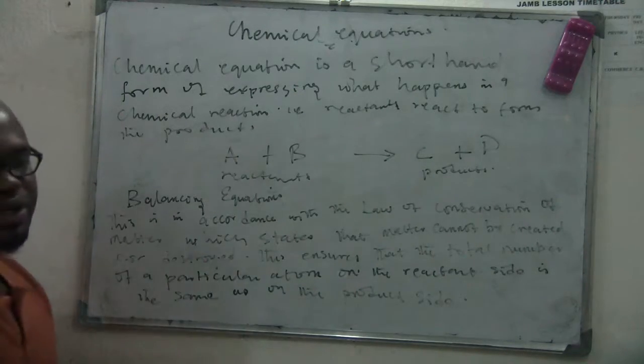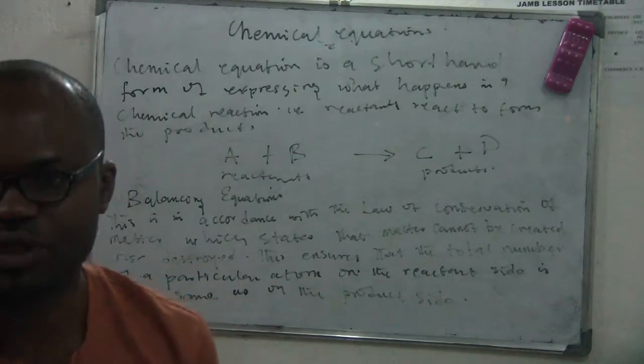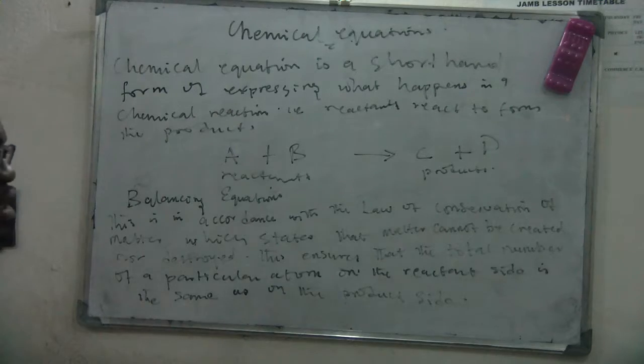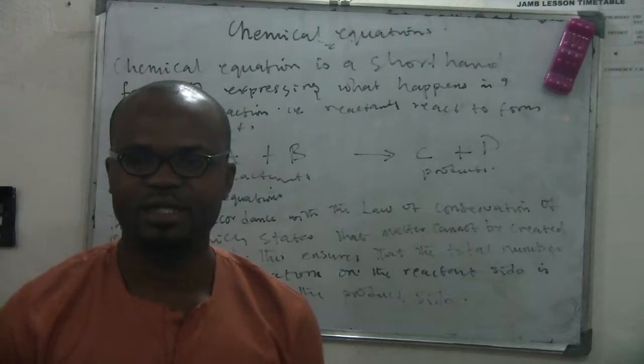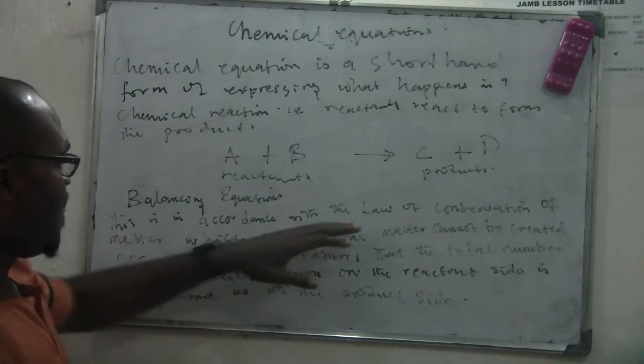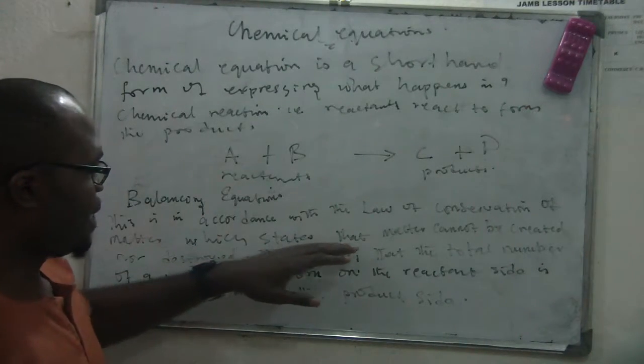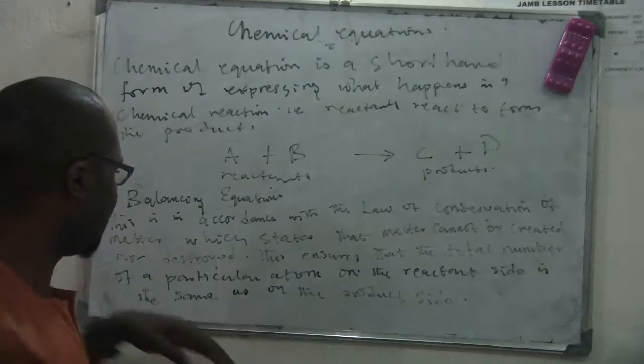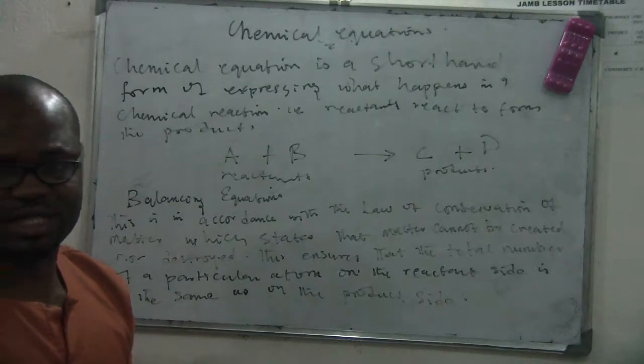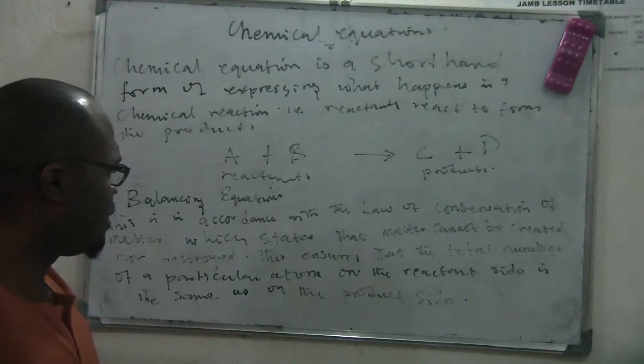Now, balancing chemical equation. How do you balance a chemical equation? Now, the law of conservation of mass says that matter or mass cannot be created nor destroyed.